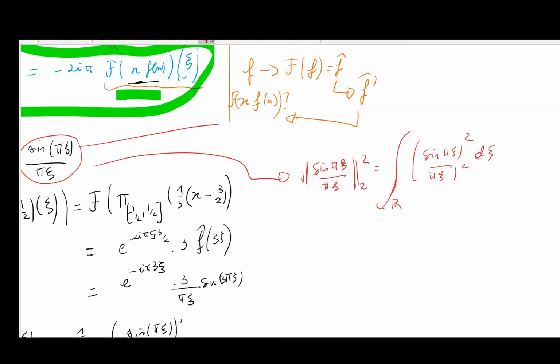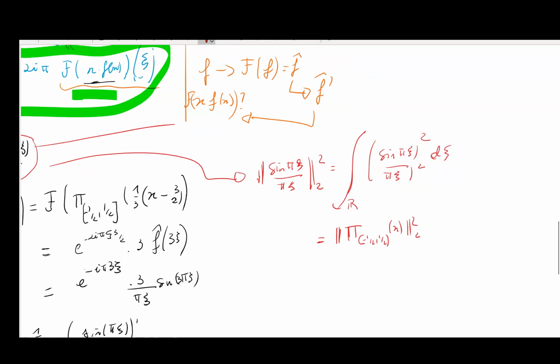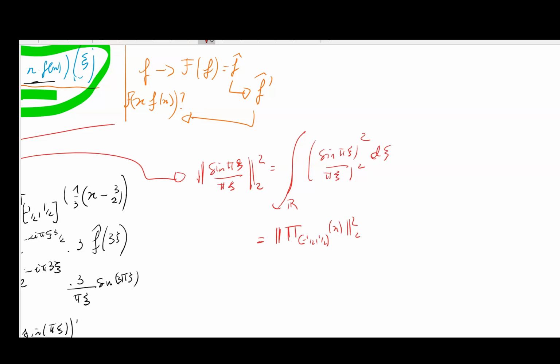but if you know that you can apply the Parseval-Plancherel formula, you know that this is going to be equal to the L2 norm of your pi function, the indicator of negative 1 over 2, 1 over 2, of x, which is absolutely trivial to compute. That's just going to be from negative 1 over 2 to 1 over 2, the function that is 1, and otherwise 0.